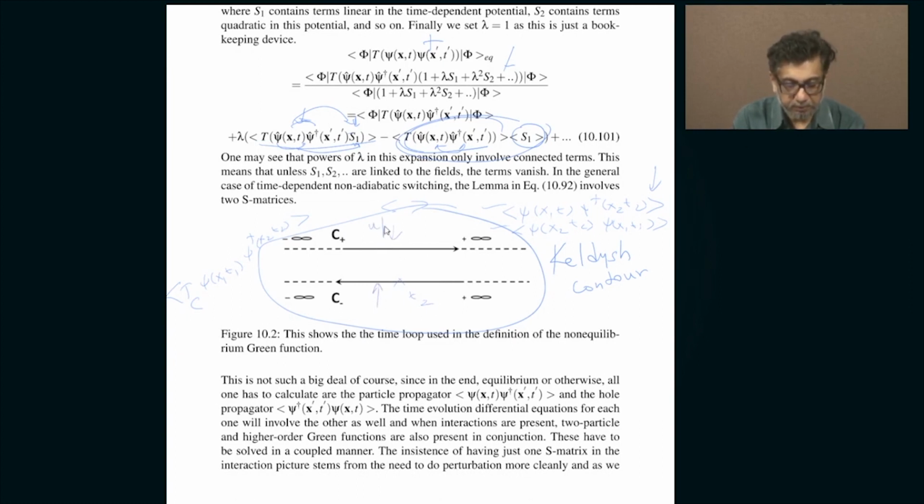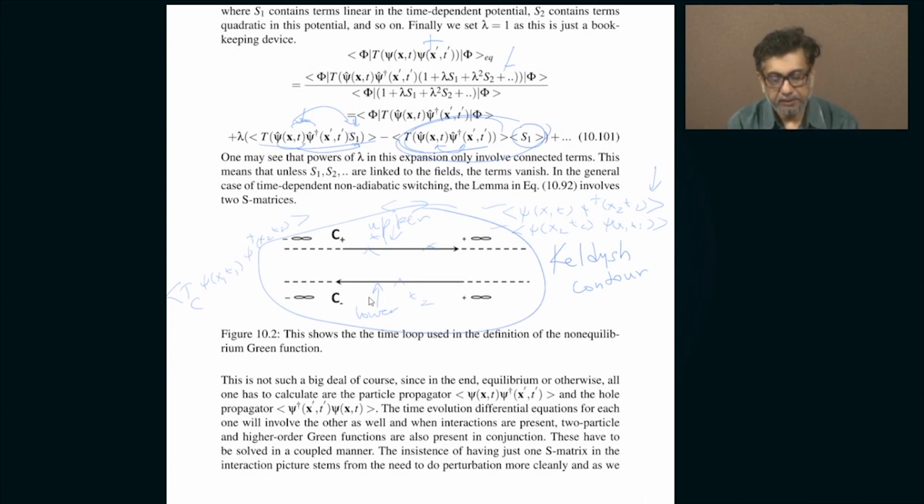If T2 is on the lower branch and T1 is on the upper branch, it does not matter what the relative magnitudes of T1 and T2 are. T2 will always be greater than T1.